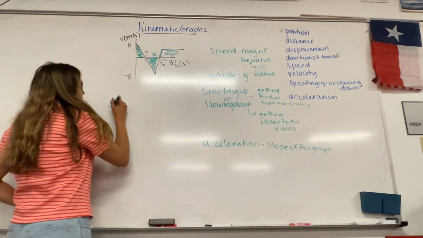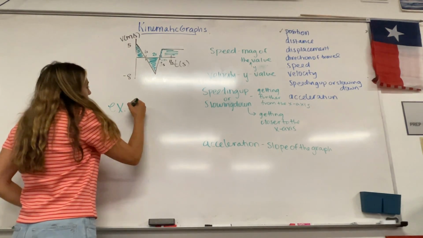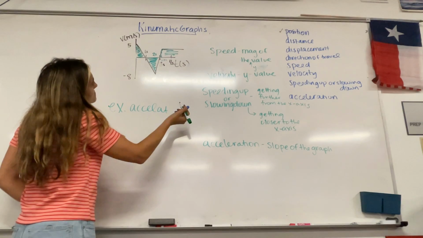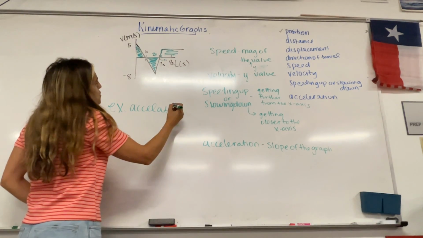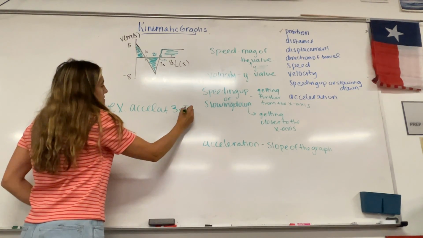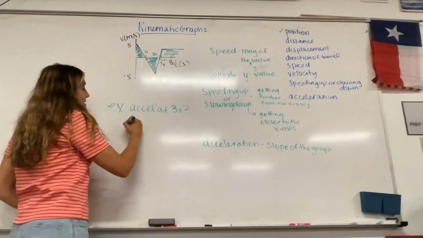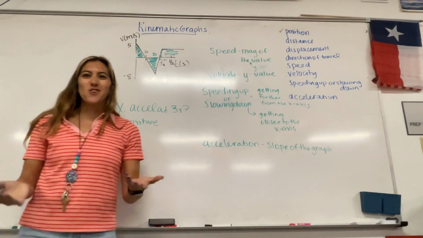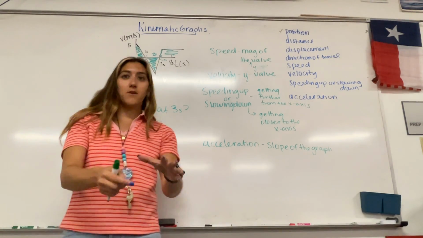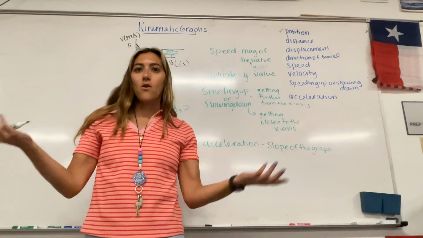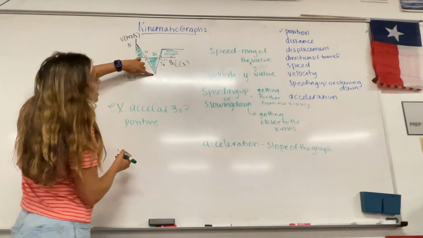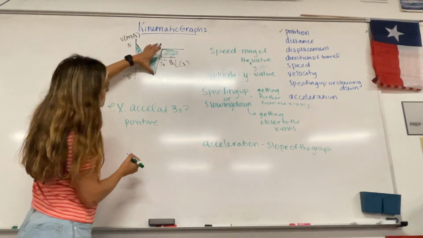Awesome. So let's do another example. Acceleration at, let's say, 3 seconds. Well, it's positive because I have a positive slope. But the question could ask, like, no, actually, what is the acceleration? And okay, that's fine. I'll figure it out. So my change in velocity, right?